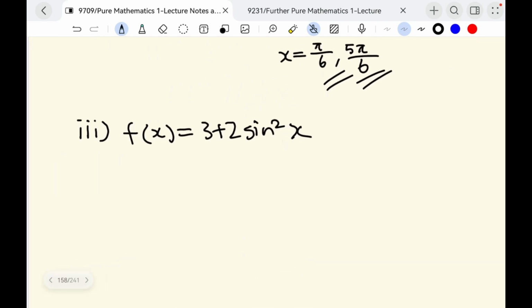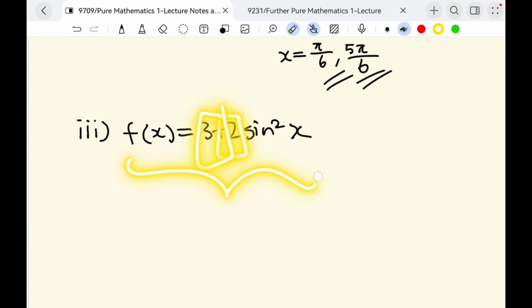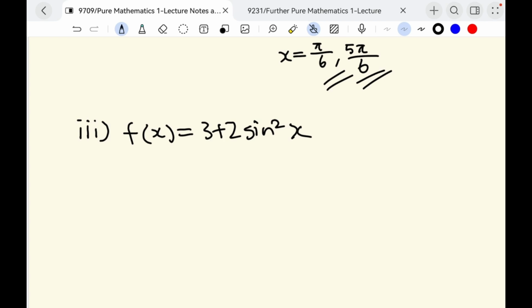To find its minimum value, we know that sine square x is always non-negative, times 2 is non-negative, and plus 3. This means the function is always positive, so we can confirm that f(x) must be at least 3.